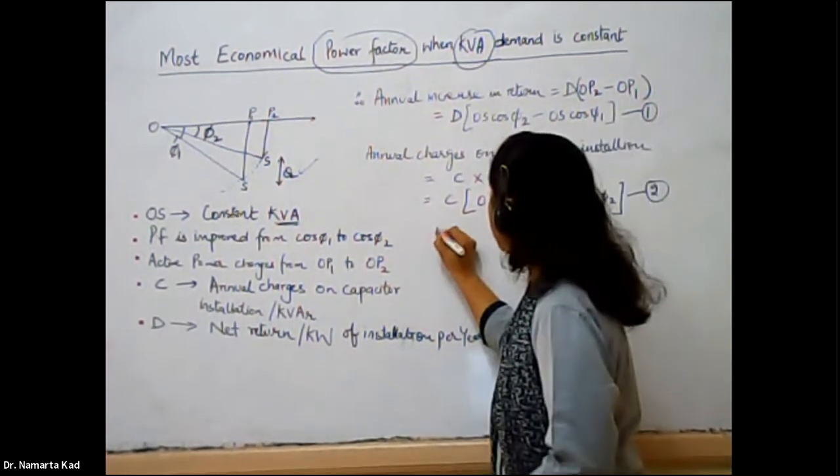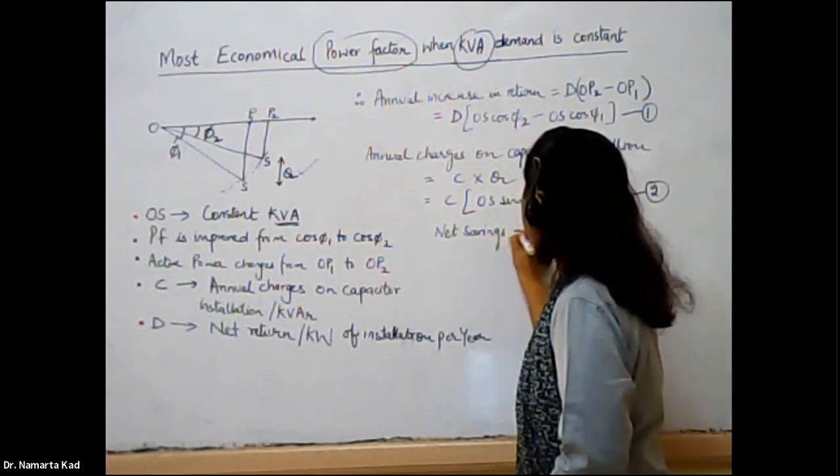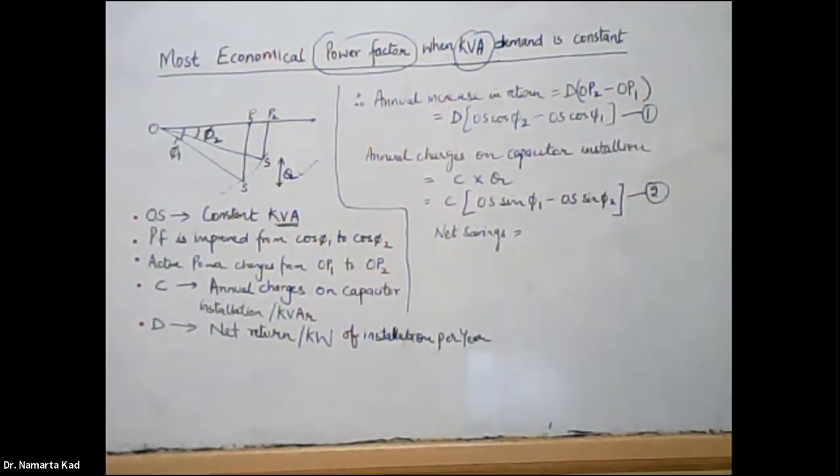So the net savings are now given by equation number 1 minus equation number 2.